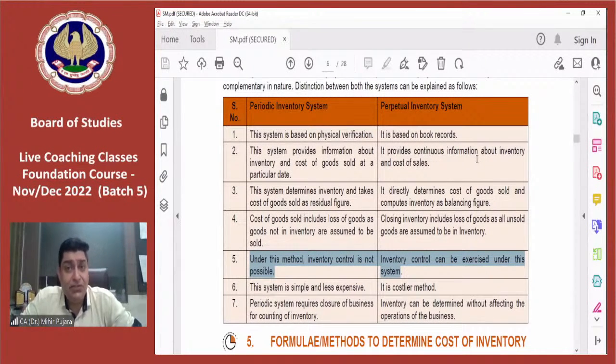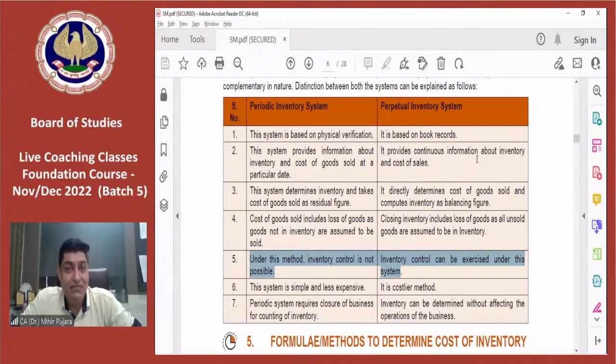But in perpetual, you have ledgers, book records, registers and software, and therefore you know that if I am dealing in dry fruits, I should have 1100 kg in my closing stock, or if I am dealing with chairs, 105 chairs should be in my closing stock.